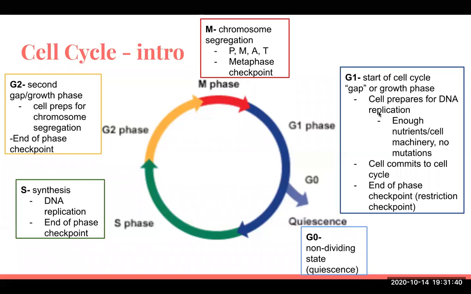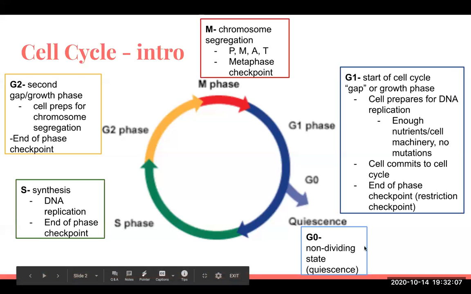G1 is when the cell prepares for DNA replication. When it's doing this, it has to make sure that there are enough nutrients and cell machinery and no mutations in the DNA. Once it goes through G1, it commits to the cell cycle. So it's called the point of no return. We'll go through that later. That's when it goes through the restriction point.